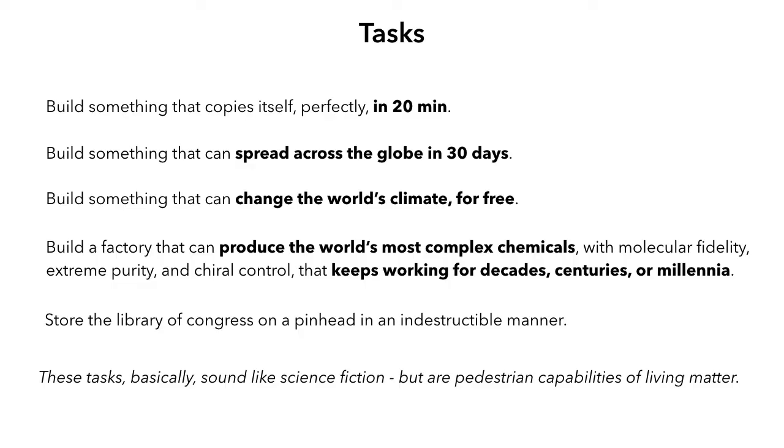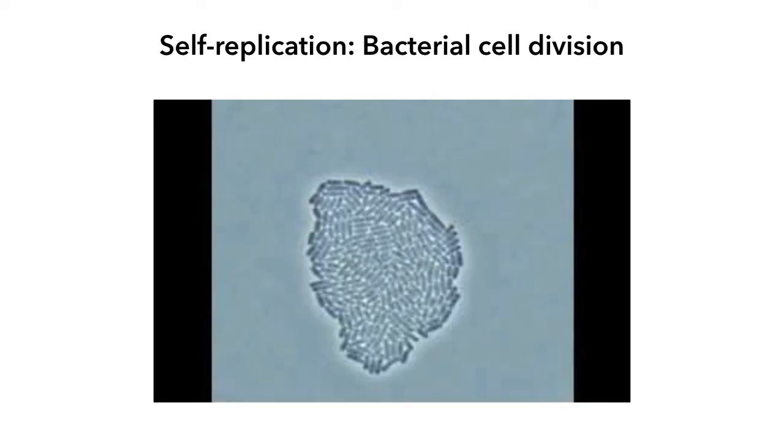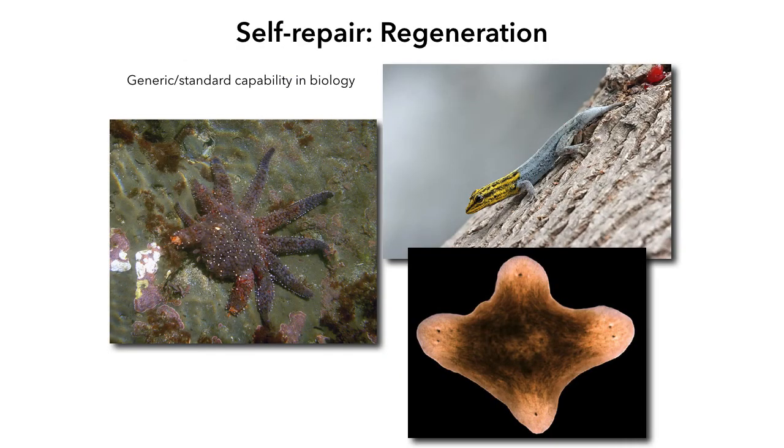Let's look at bacterial cell division. Here's the movie. The single cell elongates, divides, elongates, divides, elongates, divides. Very soon, after only a few hours, you have thousands of copies of the original cell. If you're a starfish, you're able to regrow limbs. If you're a lizard, you're able to regrow your tail.